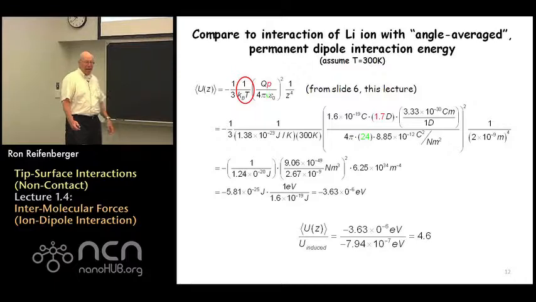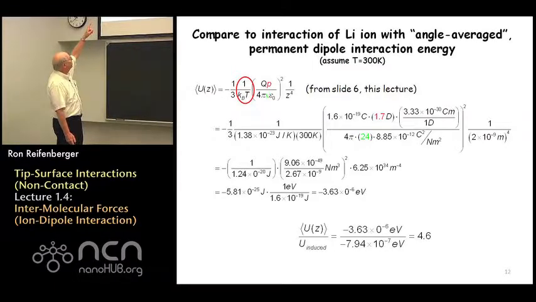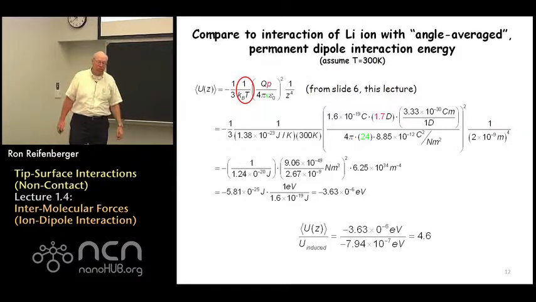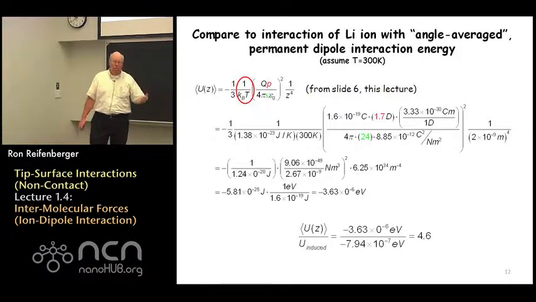In this case, I have to use the interaction potential energy that we obtained from the angle average calculation. If you go back, that's slide 6 of this lecture. I calculate the interaction potential energy due to the angle average permanent dipole moment, and I compare it, in the last equation on this slide, to the interaction potential energy of the induced dipole moment.